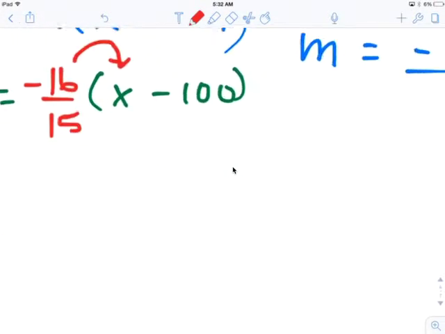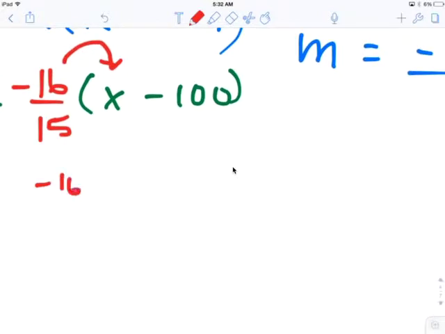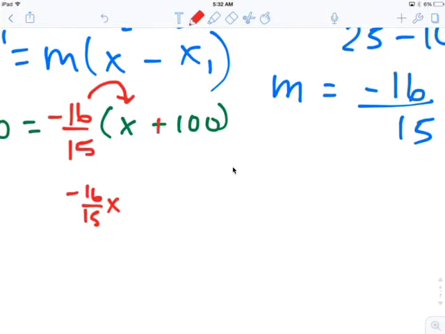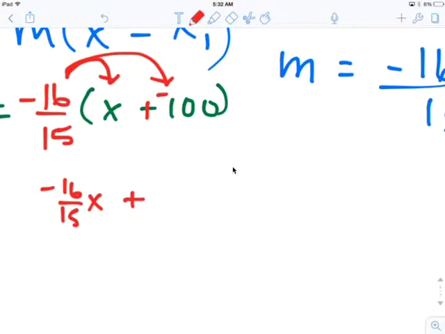Here, we get negative 16 over 15x, and use the additive inverse. Use a calculator for this one.